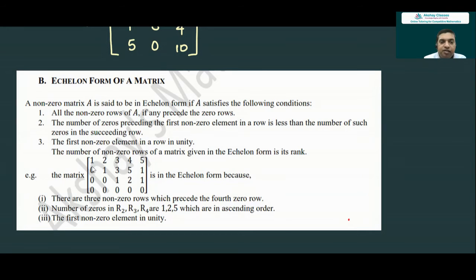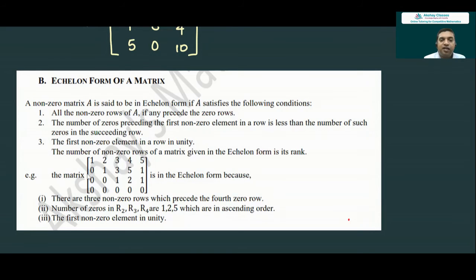Your zero elements should progressively increase. In the first row, there are no zero elements. Now, the first element is 0 in the second row. The first and the second elements are 0 in the third row. So such a form is called an echelon form. The number of zeros preceding the first non-zero element in a row is less than the number of such zeros in the succeeding row.